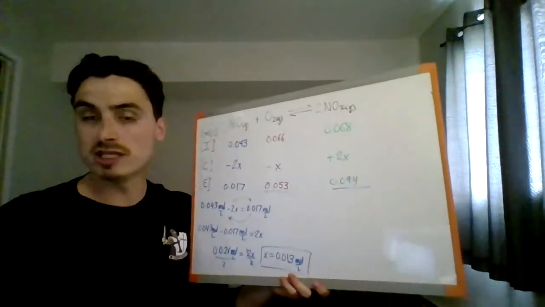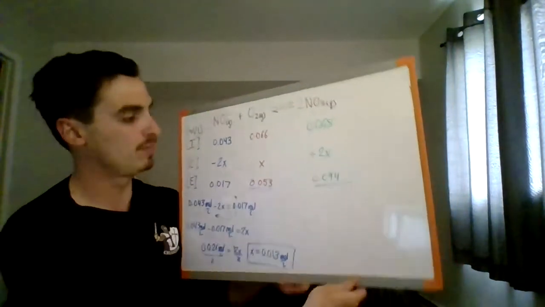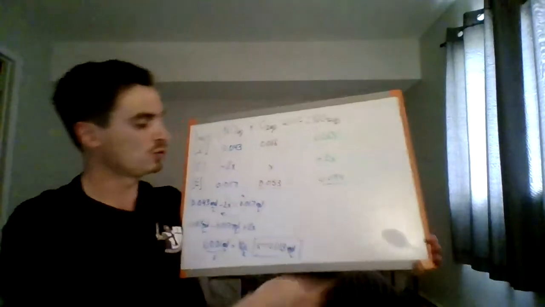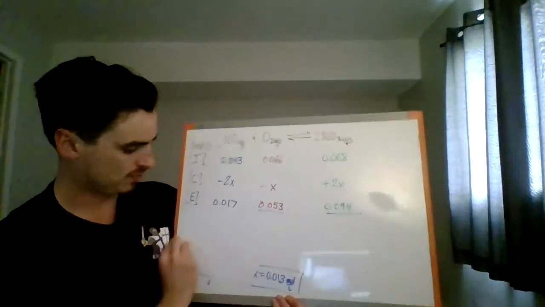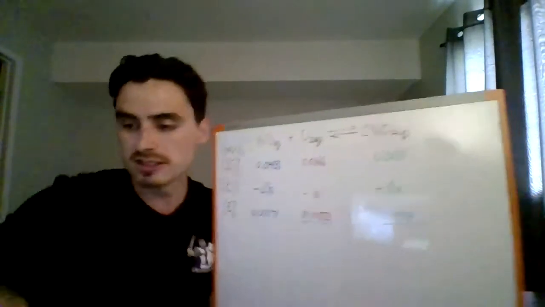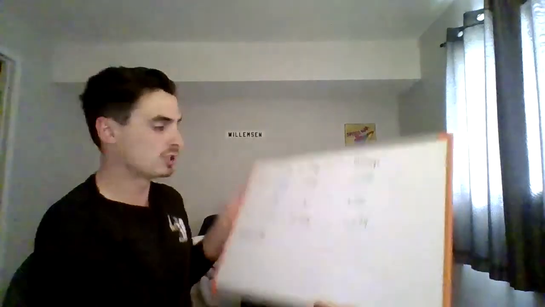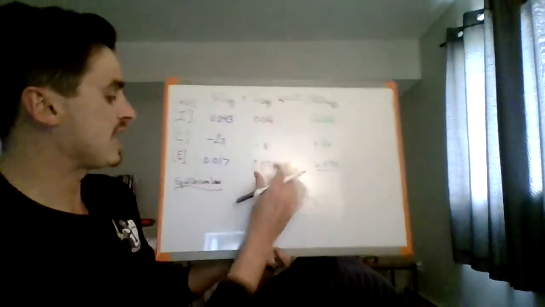Now what we need to do is write out our equilibrium law, okay? Just so I have more room, I'm going to erase this, but you guys obviously should not. So we have our equilibrium concentrations. Now I need to write out my equilibrium law, which is an expression that shows the relationship between the products and reactants.